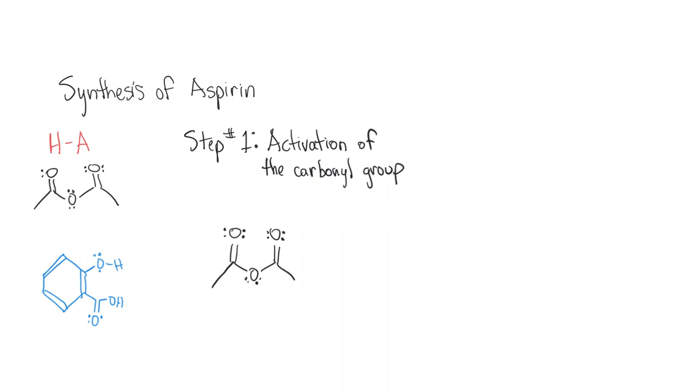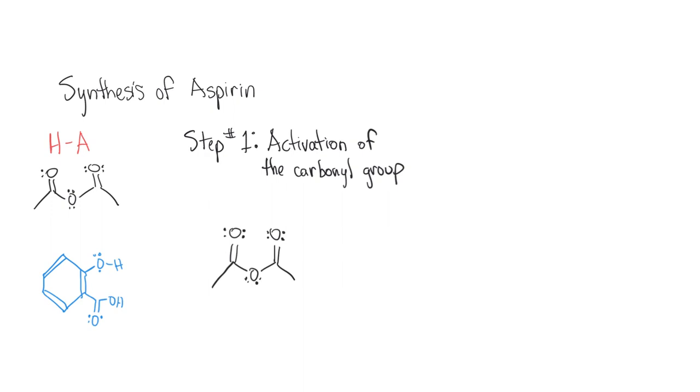And depending on which carbon it reacts with, then this little group right here, along with this, will be attached to the salicylic acid. But since this is the same as this, it doesn't really matter which side of this anhydride the alcohol reacts with. It will be the same product either way.